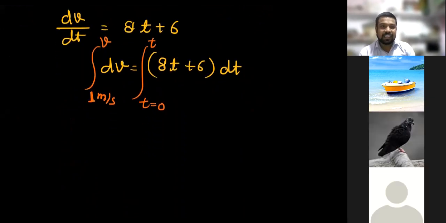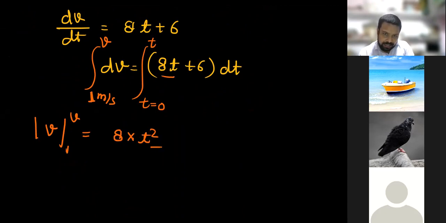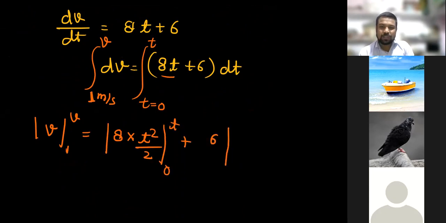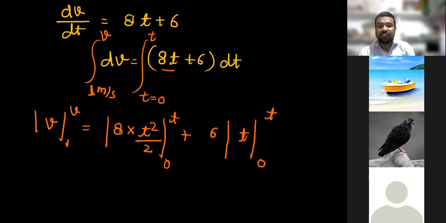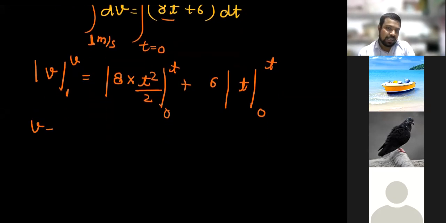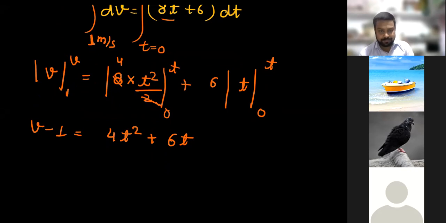Now the integration over dv is v, limit is 1 to v, equal to 8 into integration over t, which is t square by 2, limit 0 to t, plus 6 into integration over dt, which is t, limit 0 to t. My dear friends, this equation is v minus 1 is equal to 4t square plus 6t. It is very easy: 2 8s are 2 4s are 8. Now v is equal to 4t square plus 6t plus 1.